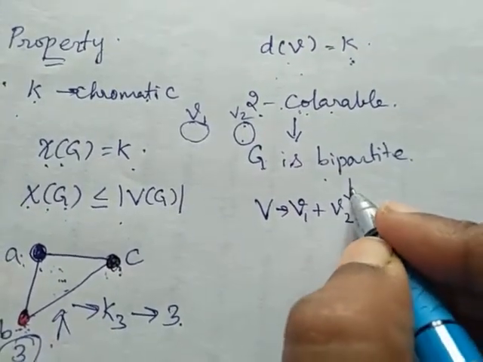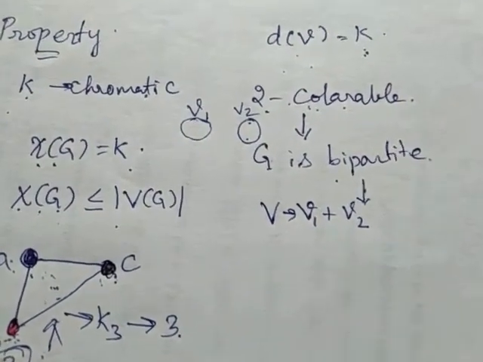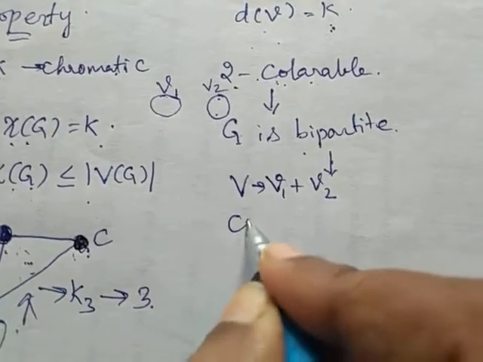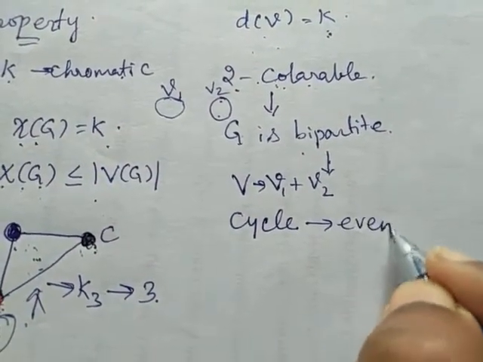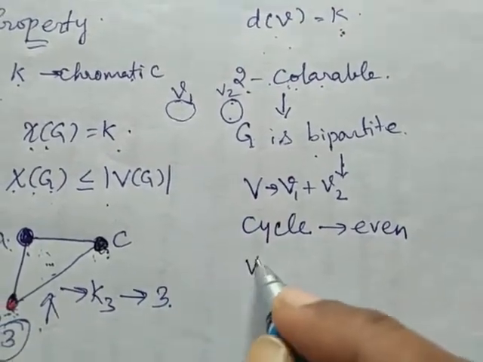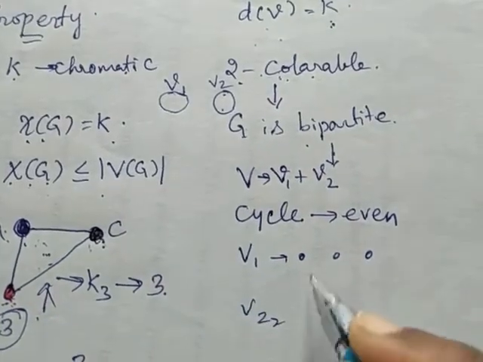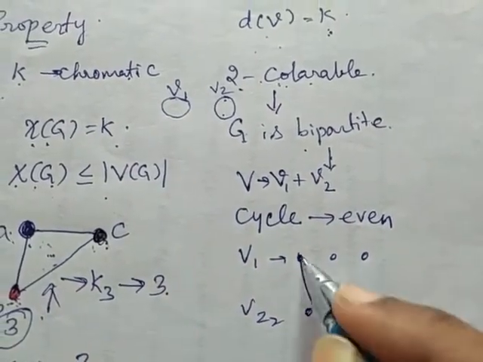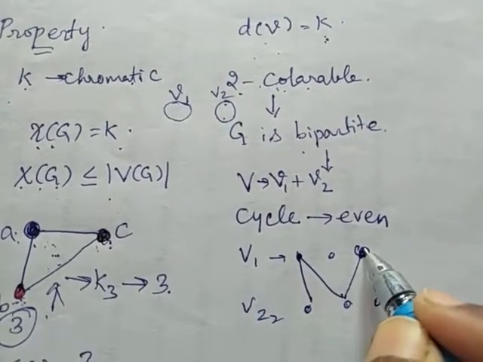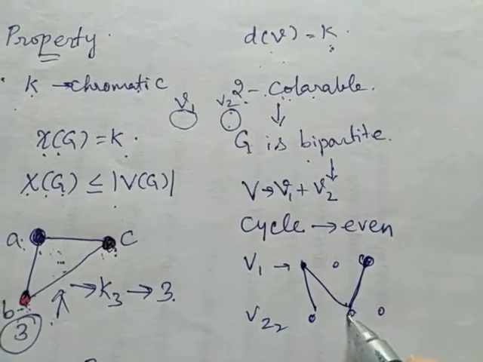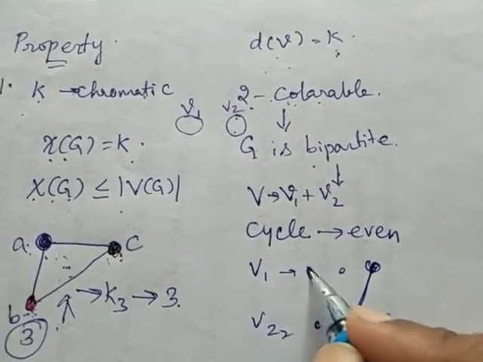If G is bipartite, meaning we can divide the vertices into 2 groups, every cycle of G has even length because, see, if I start from here, I have to go this way, and again I have to go this way and this way.